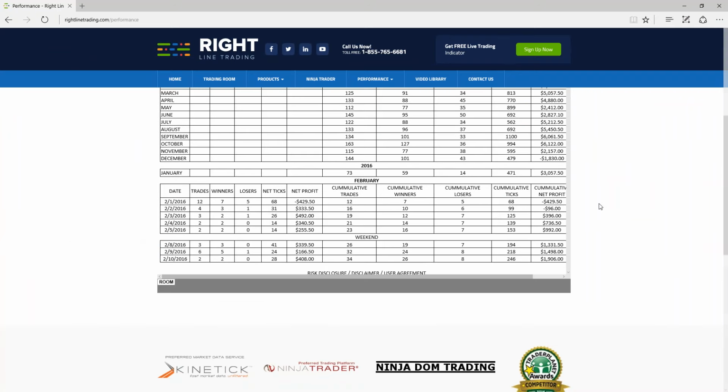Going into today, we were up. Just add this up, Leo, just for the week. 1,906 for the month, but for the week we were up 339. This is after commissions. We subtract $4 per contract per round trip.